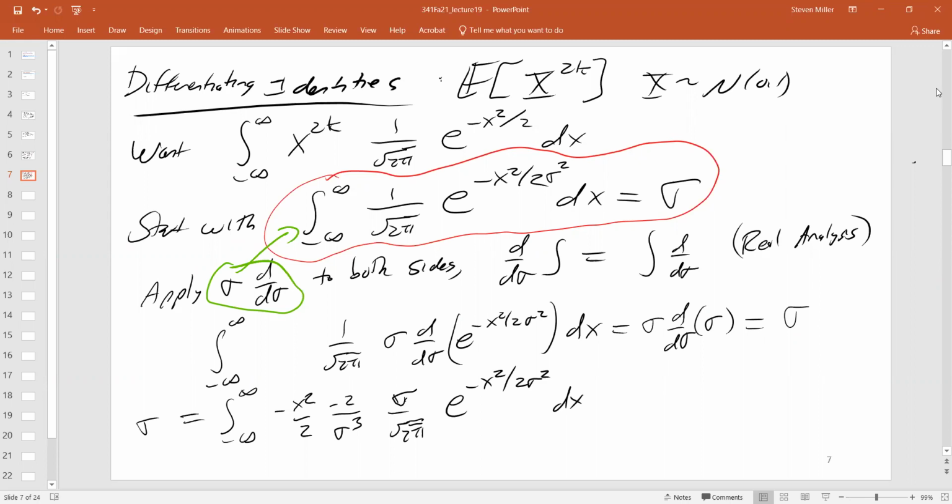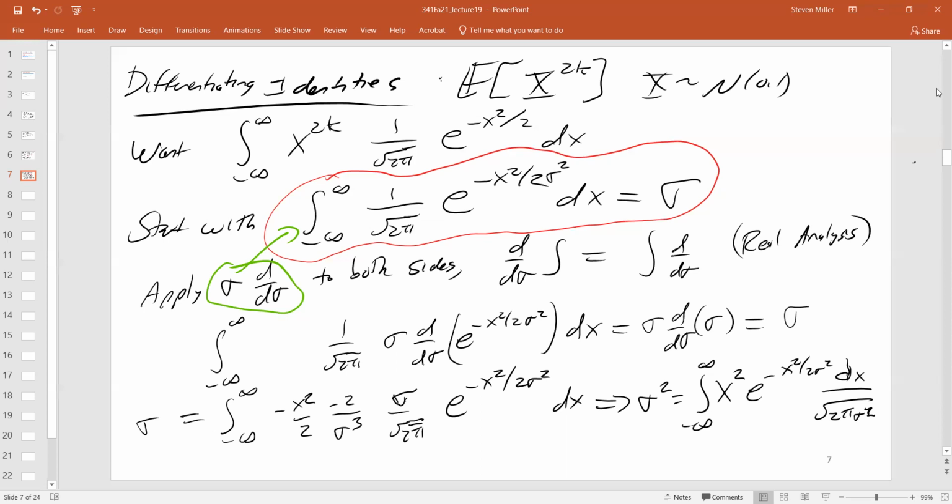And so when you just move the algebra around, you'll get sigma squared is the integral from minus infinity to infinity of x squared e to the negative x squared over 2 sigma squared, 1 over square root of 2 pi sigma squared dx. And there's the formula for the second moment.